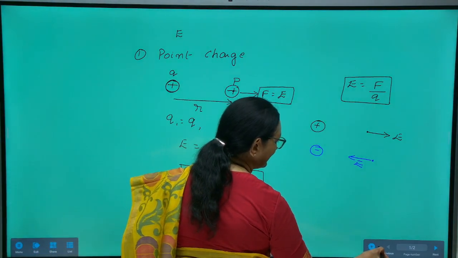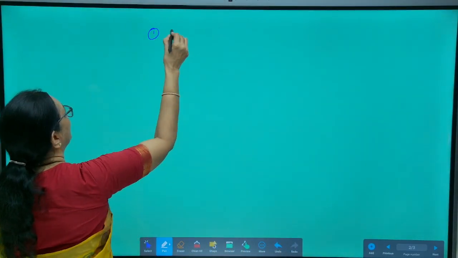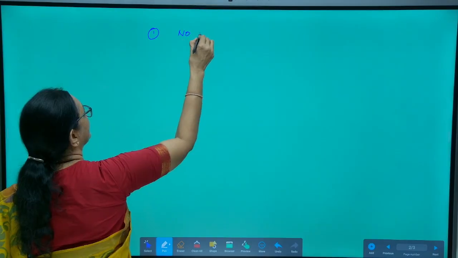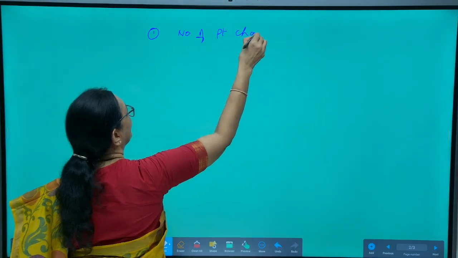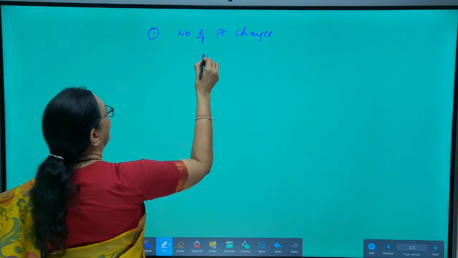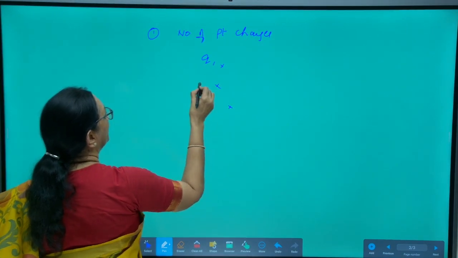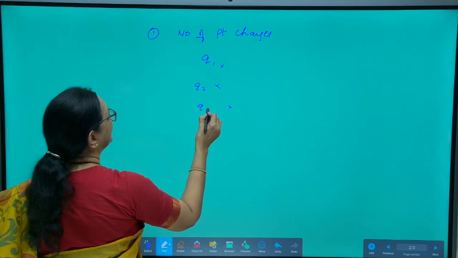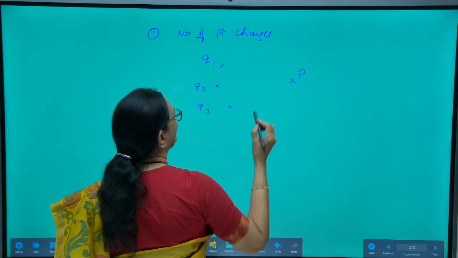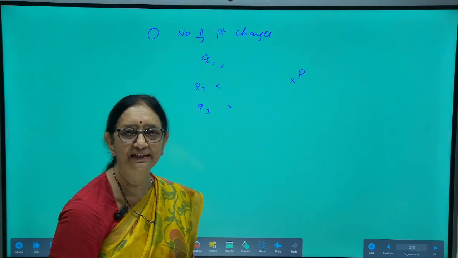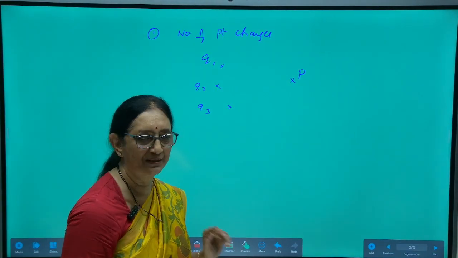Next, let us go to electric field intensity due to a number of point charges. See here, there are a number of point charges q1, q2, q3 like this. P is a point at which we want to find out electric field intensity. Let us assume all the charges are positive.